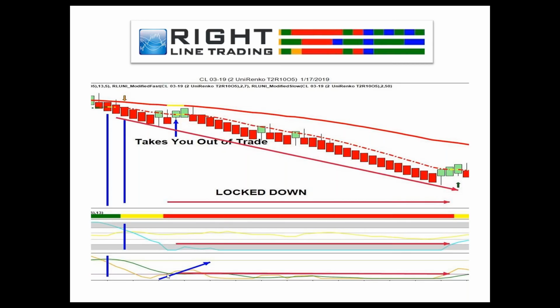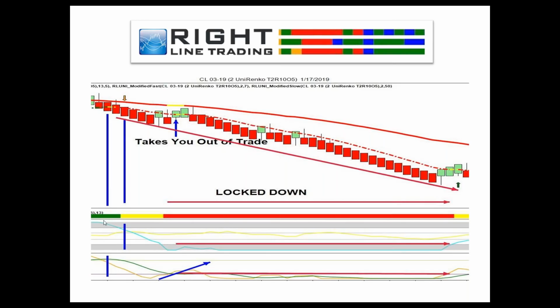But look what happens to the oscillator line. I'm sorry, the stochastic line. It jumps above the 20 line, and you have to exit the trade. But look at the Laguerre. The Laguerre barely budges, and it stays short, and it stays locked down. And you weather this up candle, and you weather this up candle.